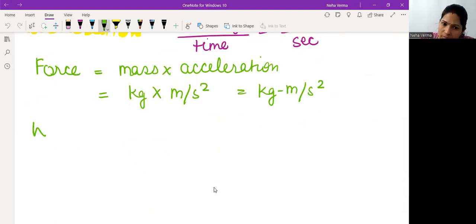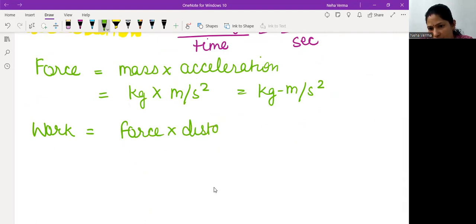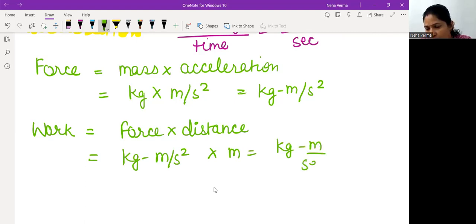Next, work. How can we calculate work? Work is force into displacement. You will read all this in further chapters and it will become clearer. We have calculated the unit of force: kilogram meter per second square. Multiply by distance, that is meter, so kilogram meter per second square into meter. I hope everybody is getting what I am explaining.